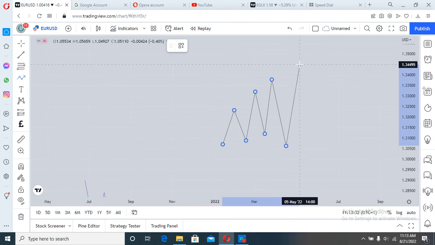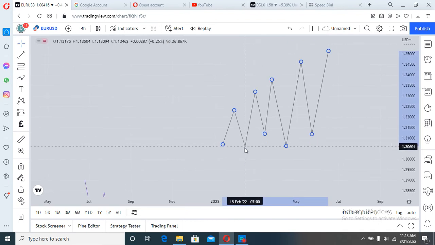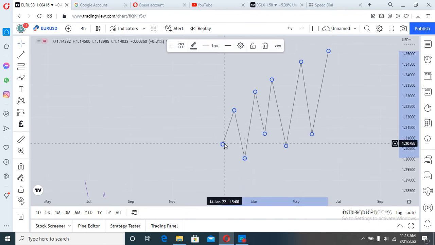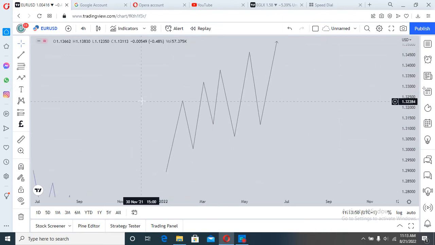So we have this here, right? And then we now have a pullback right there. So this is the continuation of the bullish structure.